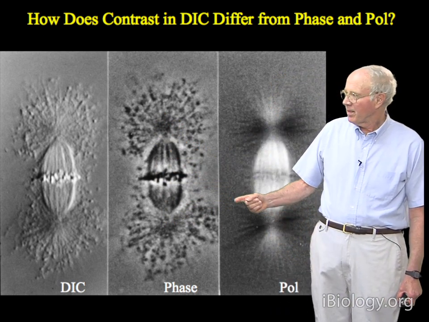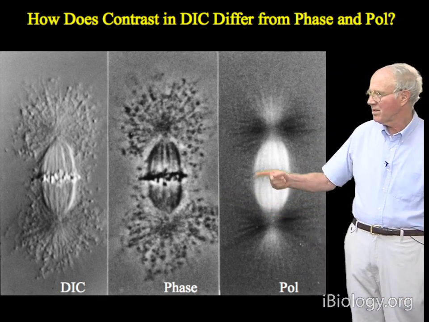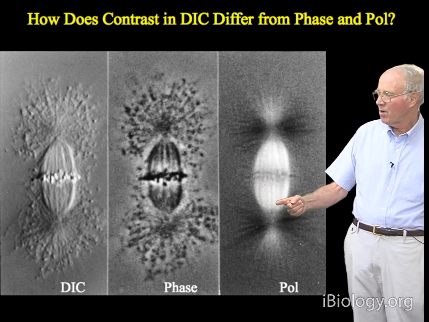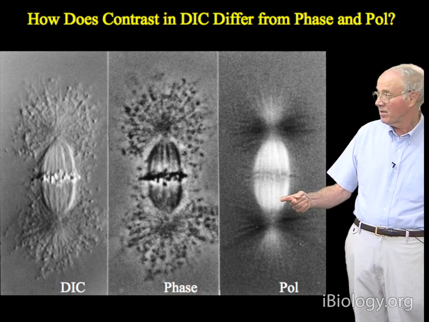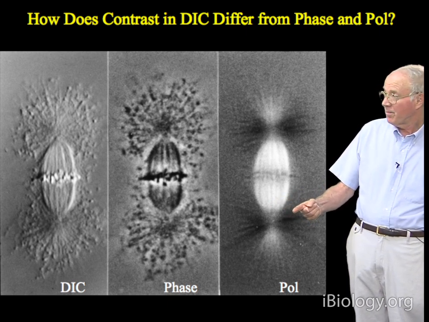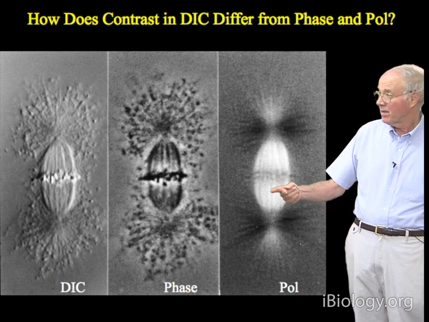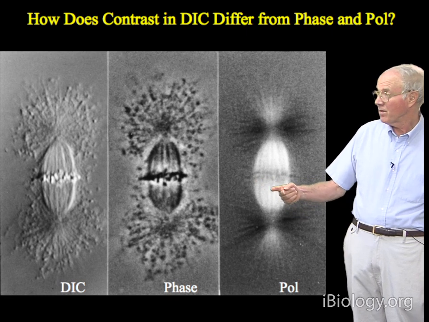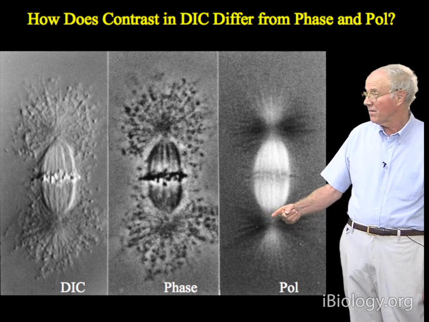And on the right-hand side, which I have to move over here a little bit, this is the image of the same spindle that we see in polarization microscopy, which we've discussed in the polarization microscopy lecture. And here those ribosome globs are invisible, and what we see is the submicroscopic contrast generated by the aligned microtubules that make up the central spindle fibers and the microtubules that are in the asters of the spindle.